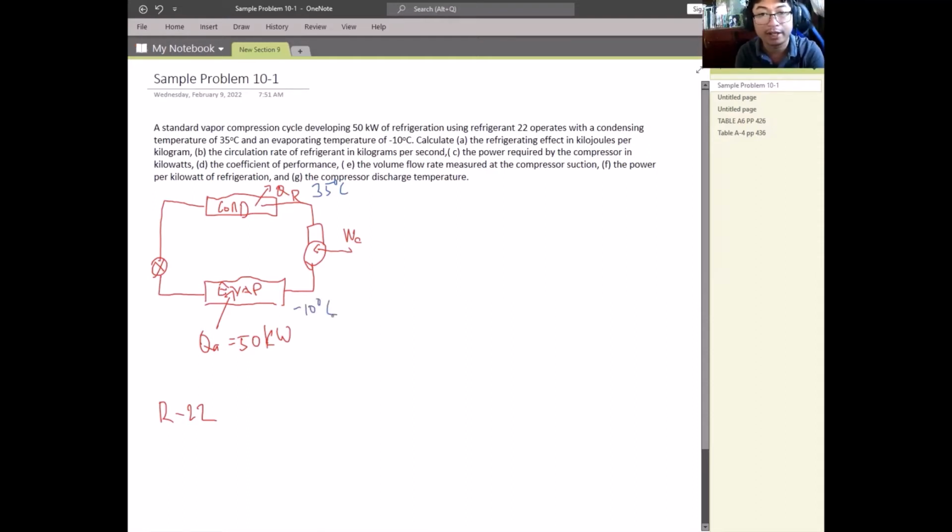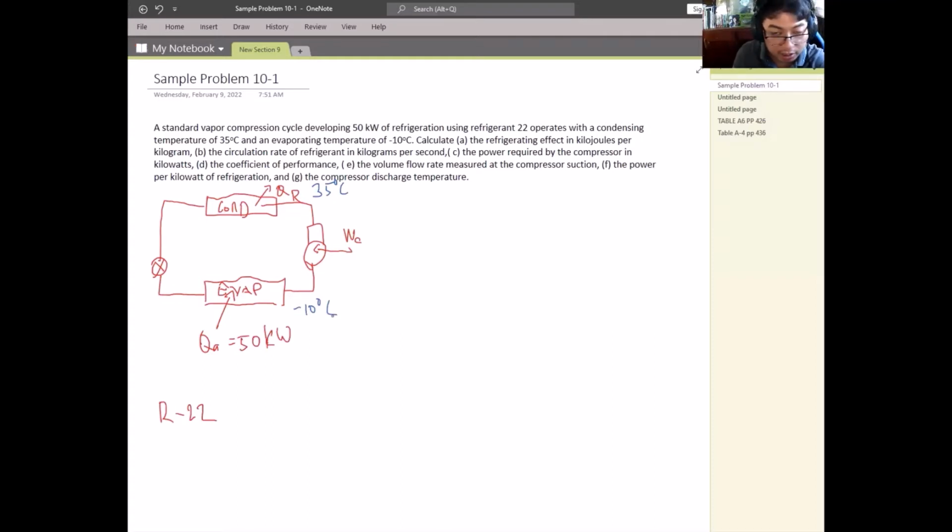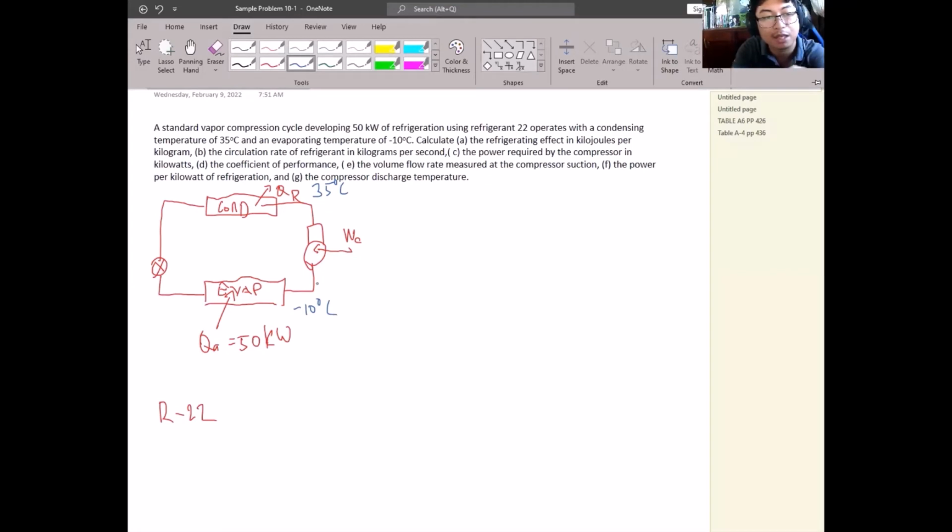So first, calculate the refrigerating effect in kilojoules per kilogram. The refrigerating effect can be found in the evaporator. Okay, let's solve for the refrigerating effect. But we almost forgot, we need to draw the pH diagram so we can get all the enthalpy at different points.